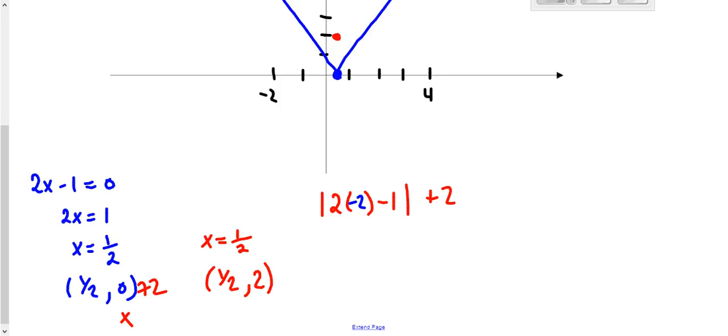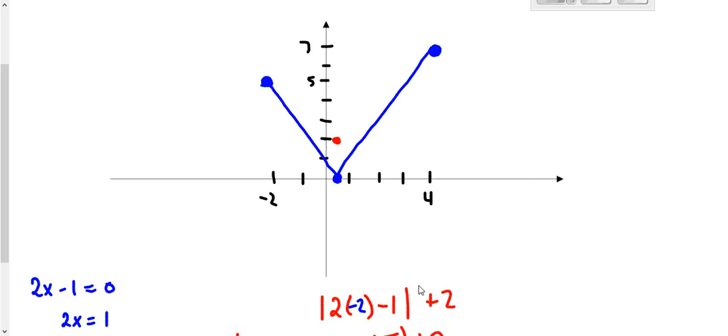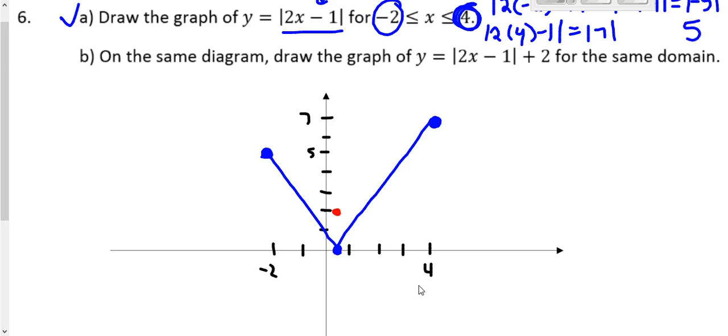We got 5 when we plugged in -2, because this was -2 times 2, which is -4 minus 1, which is -5. So the absolute value of -5 plus 2, which is 5 plus 2, which is 7. So back here, our endpoint at -2 is going to be up at +7.